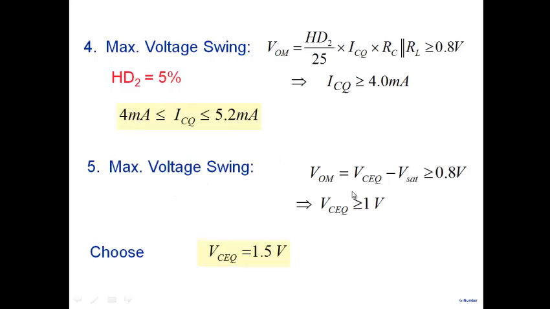The other one is I need to keep my transistor away from the saturation region, which tells us that VCQ minus VSAT must be greater than 0.8. Assuming VSAT of 0.2, we get VCQ must be greater than or equal to 1 volt. Now again, you have a choice. I have to give some margin; I don't want it to touch the saturation region, so let's say the choice is 1.5.